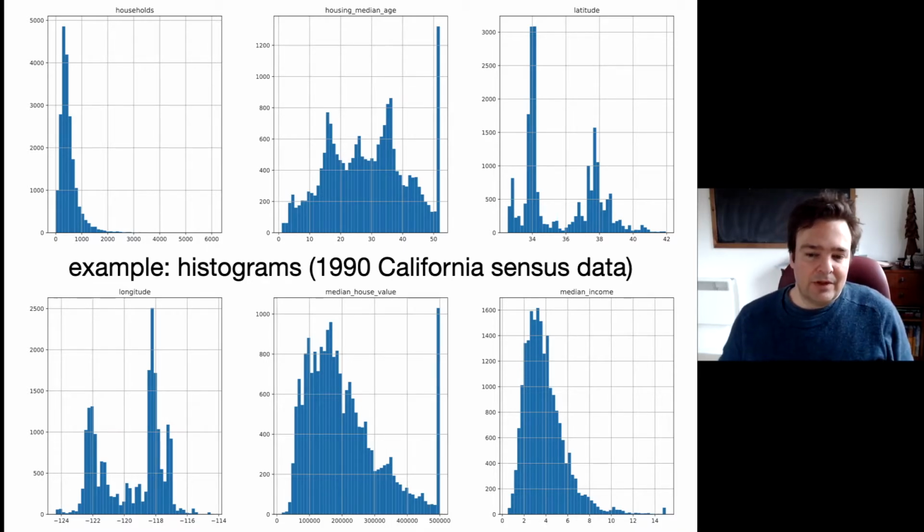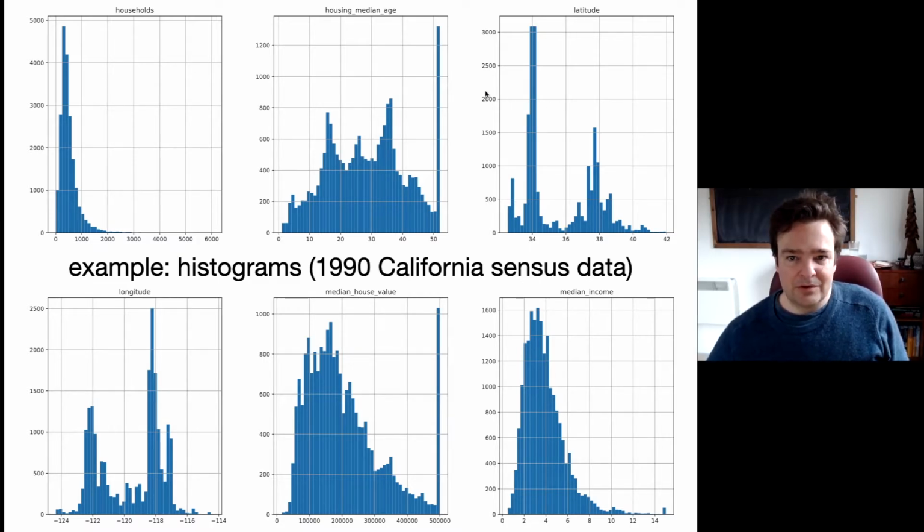Some things you should be able to spot by just glancing at this, some sort of oddities. I'll just point out 2. In the plots in the middle of the screen, the middle of the top row, housing median age, and the middle of the bottom row, median house value, those both have a really odd feature, which is that the largest number on the screen for which there are measurements has a huge number of occurrences compared to all the previous numbers.